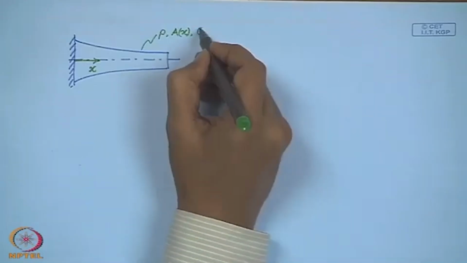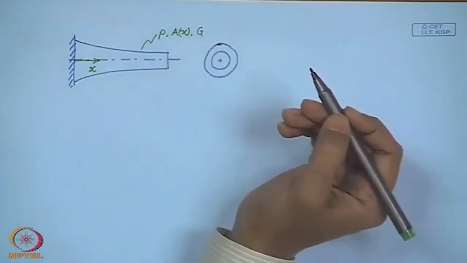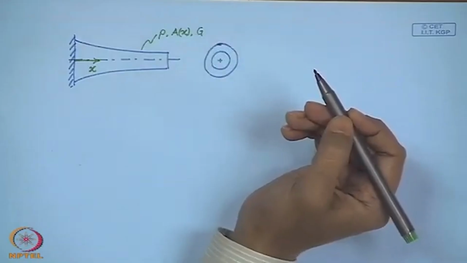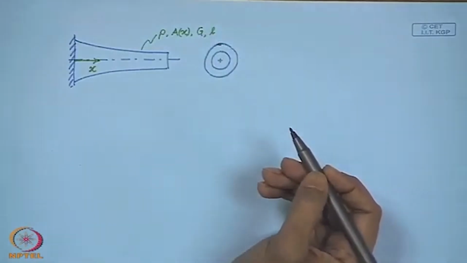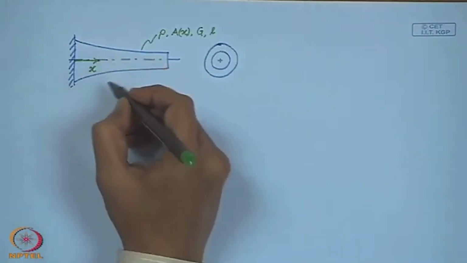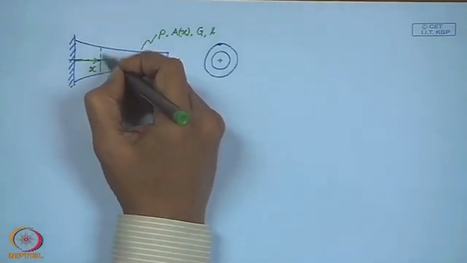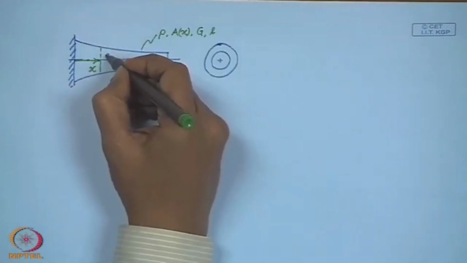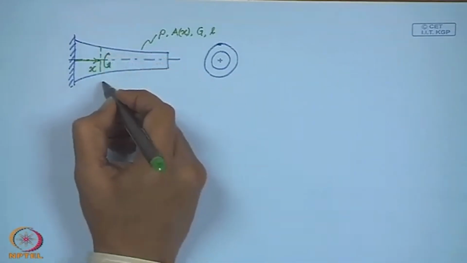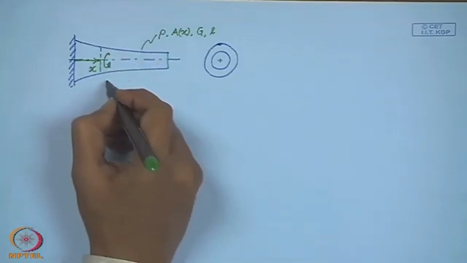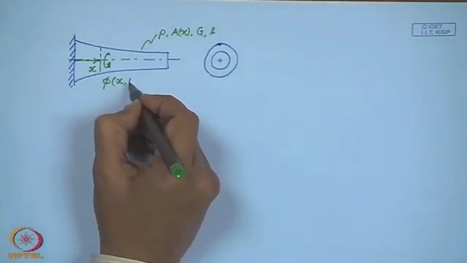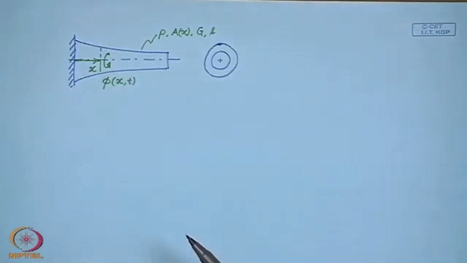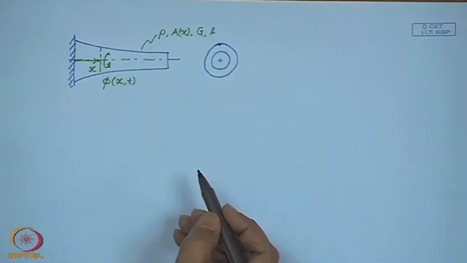The shear modulus or the modulus of rigidity is represented by G, and the bar has a length L. Now, at any location x, the field variable that measures the torsion in the bar, the local torsional displacement of the bar, is represented by phi of x comma t.